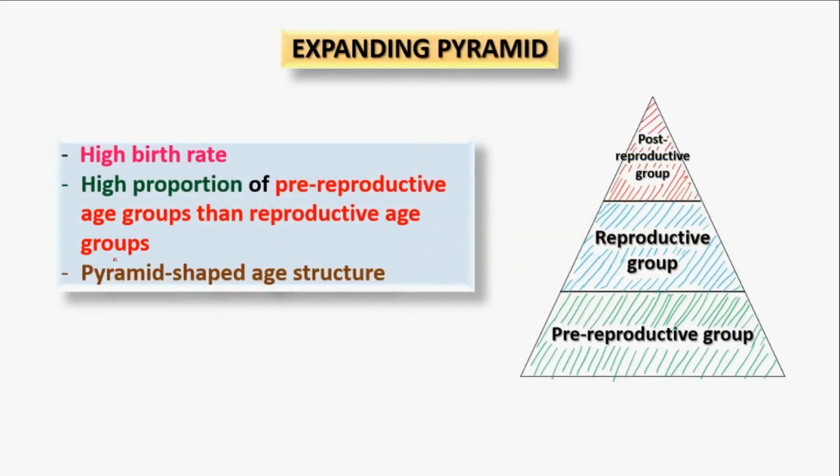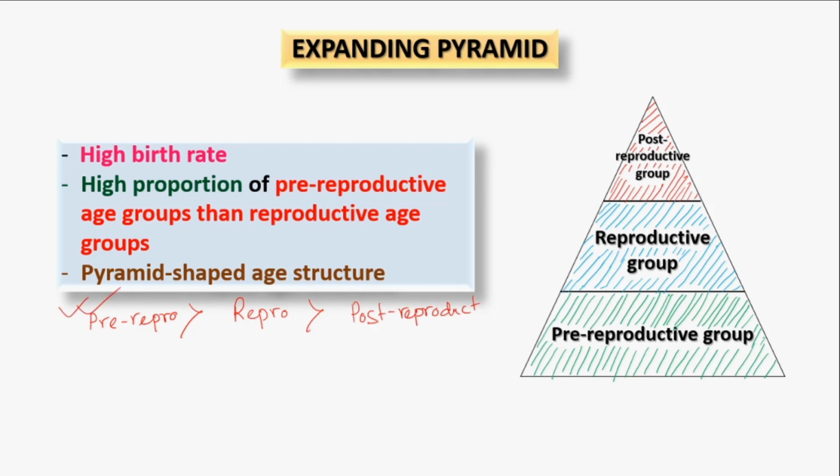So what is the expanding pyramid? Here the number of individuals of pre-reproductive is much greater than the reproductive, and the reproductive is also greater than post-reproductive, and this would be the status of this kind of population or age pyramid.